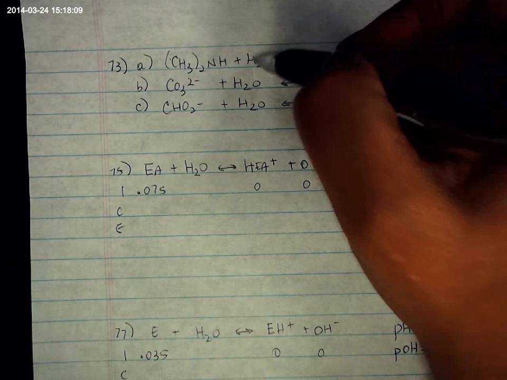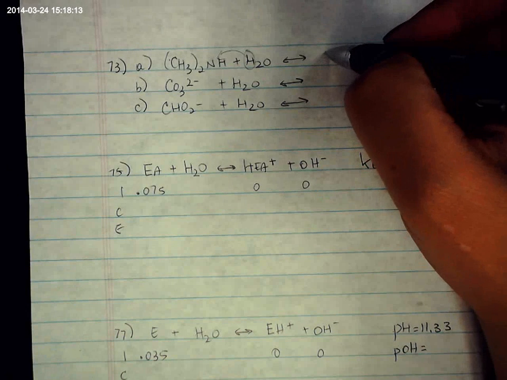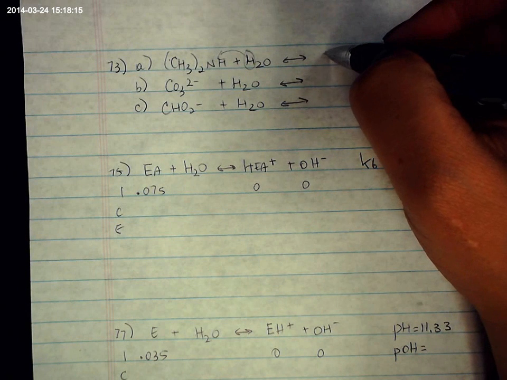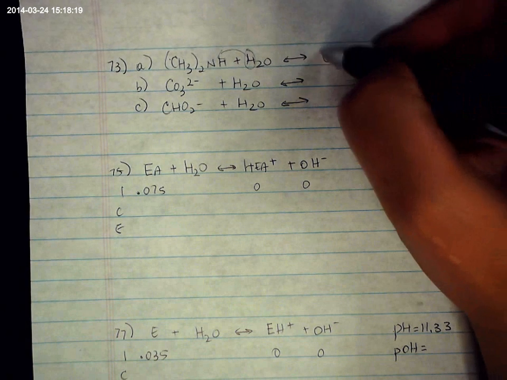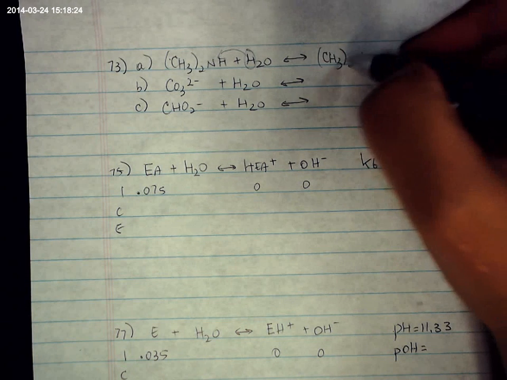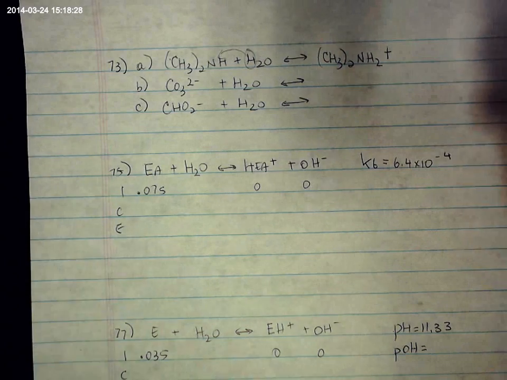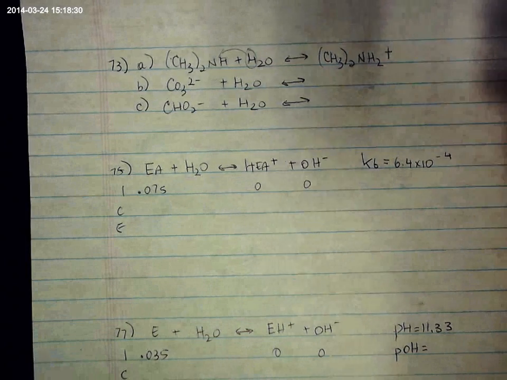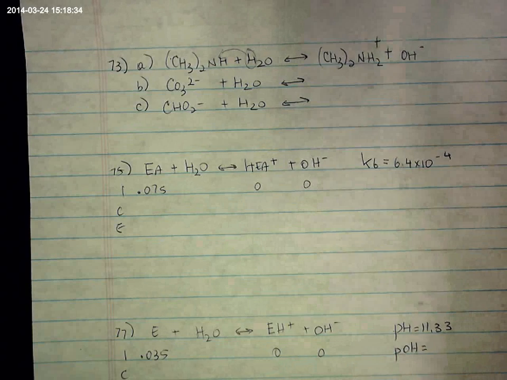So you're going to take a hydrogen from water and give it to this compound here. Compound A is also called dimethylamine. When you write the conjugate acid for dimethylamine, you would write (CH3)2NH2 plus, because you've gained a proton, so it needs to have a +1 charge, plus OH minus.